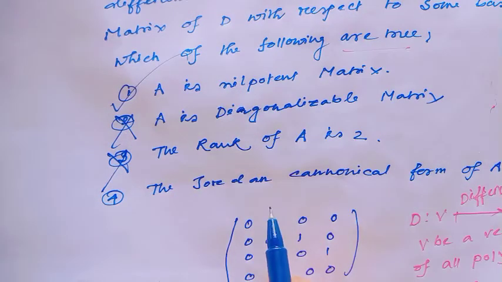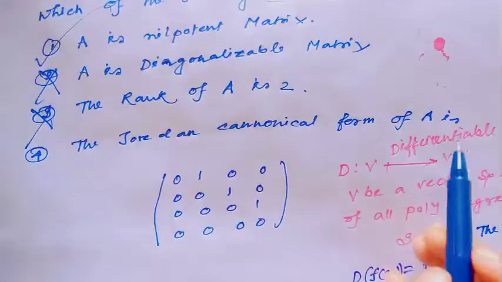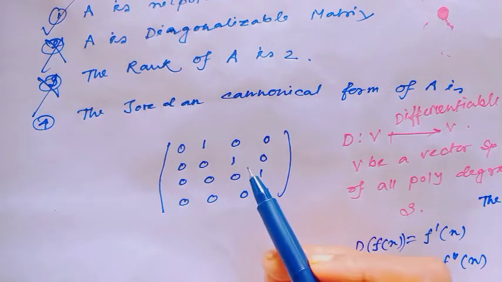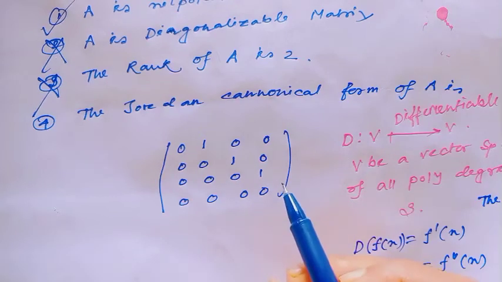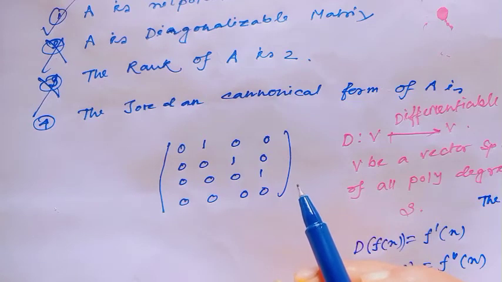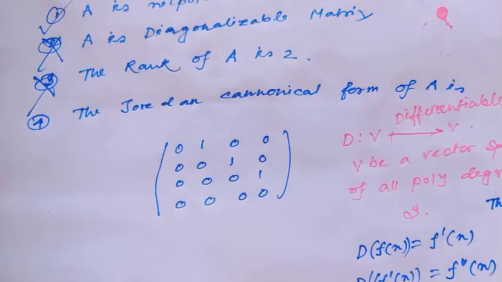And option 4 indicates the Jordan canonical form of A. Notice here we have to find the Jordan canonical form, and how we find the Jordan canonical form of a nilpotent matrix, I have discussed in my previous video elaborately.